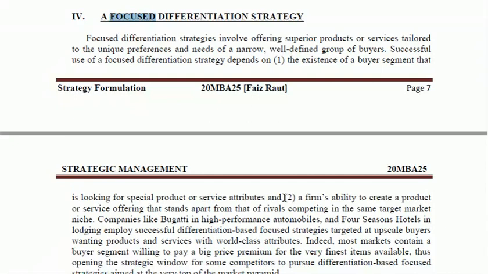And if there is a need from the buyer side, then it will be a beneficial or differentiated product you will be manufacturing. And the second is the firm's ability to create a product or service offering that stands apart from the rivals competing in the same target market niche. If you are able to produce a better product than your competitors, then definitely it is a win-win situation for you, and you can go ahead with that. So this was about the focus differentiation strategy for a niche market.